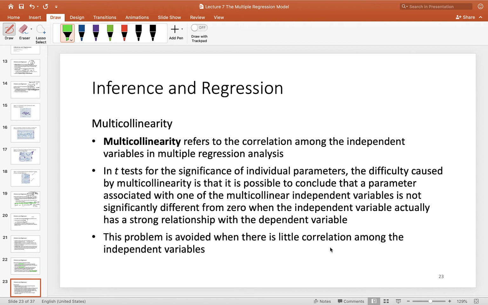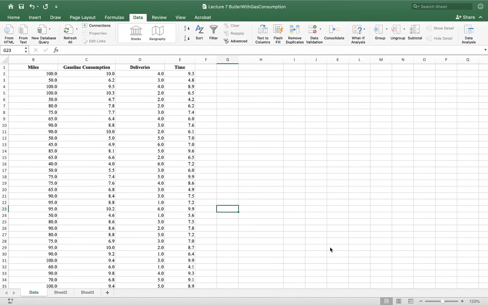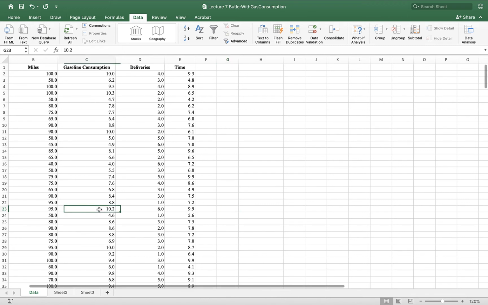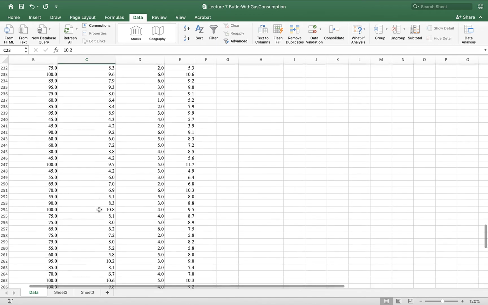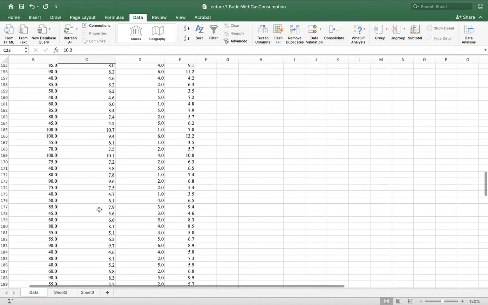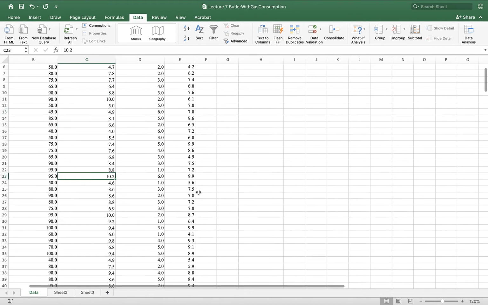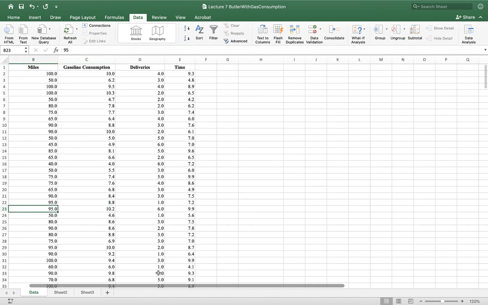If you look at your Excel data sets, you'll be given one called Butler with gas consumption. This is the same thing that we've been looking at already. It's the same company. We've got the time, the number of deliveries, the gasoline consumption, and the miles traveled for each of about 300 different assignments or drivers.